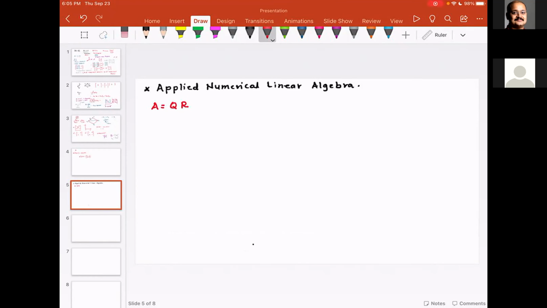Now, the key idea here is this is orthonormal, which means all the columns are essentially perpendicular to each other. And that gives us a very good basis.